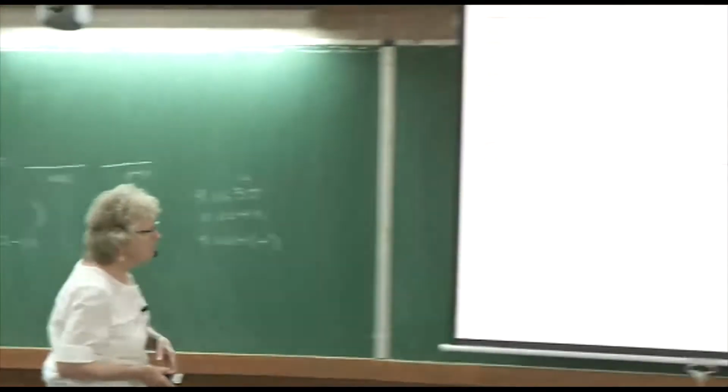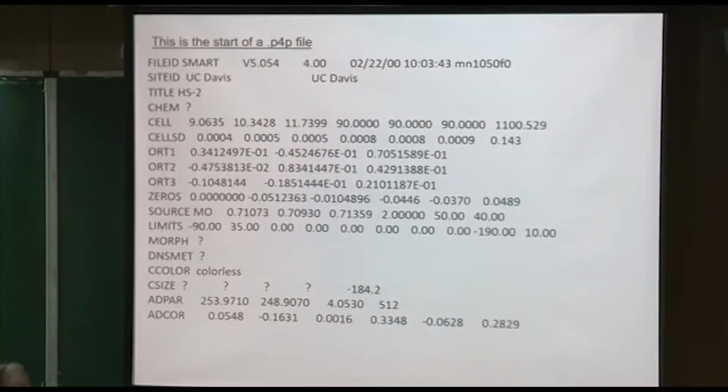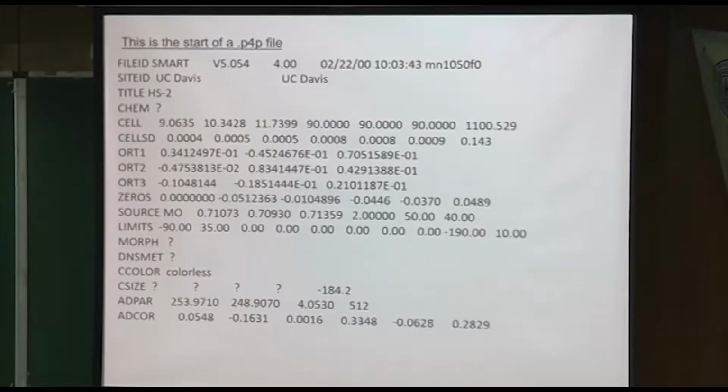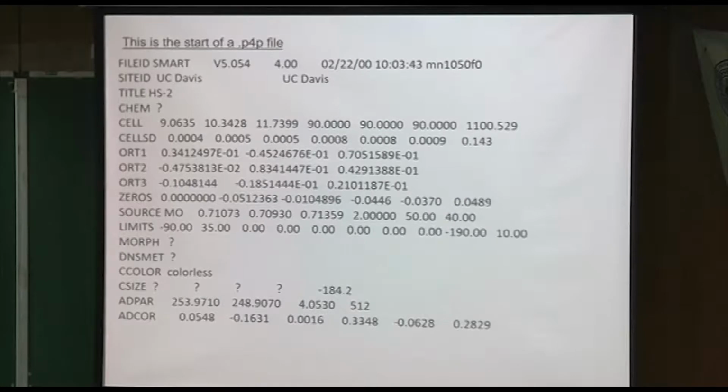So some programs will allow you to enter this when you collect the data, but in this case, I did not. So ORT1, ORT2, ORT3, those are related to those direction cosines I was talking about. This is a matrix that relates your crystallographic dimensions to the X, Y, and Z coordinates of your diffractometer, whatever you call it.